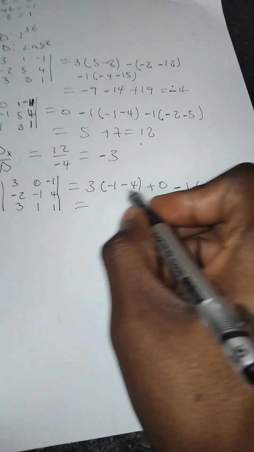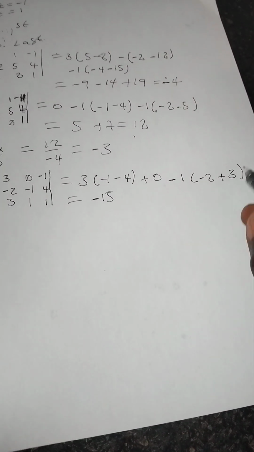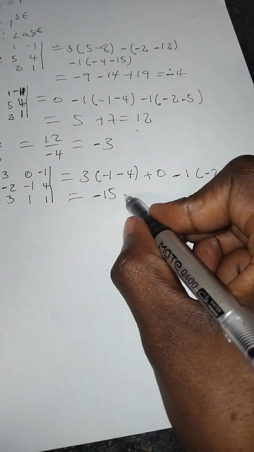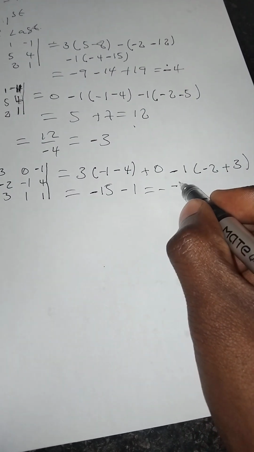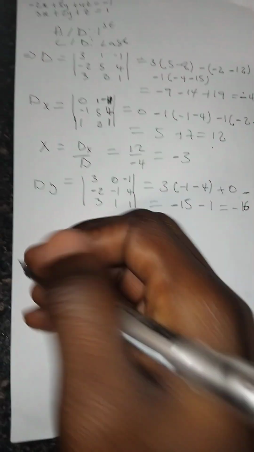So this is going to be minus 5 by 3 is minus 15. Then this one is going to be 1 by minus 1, that is minus 1. So here we get minus 16. So dy is minus 16.